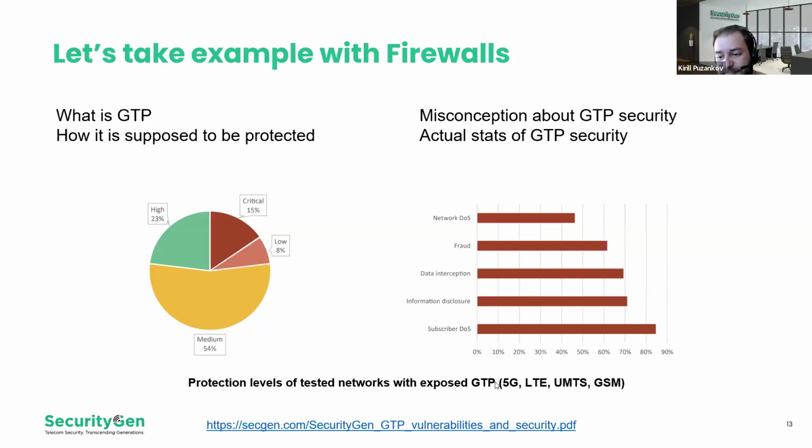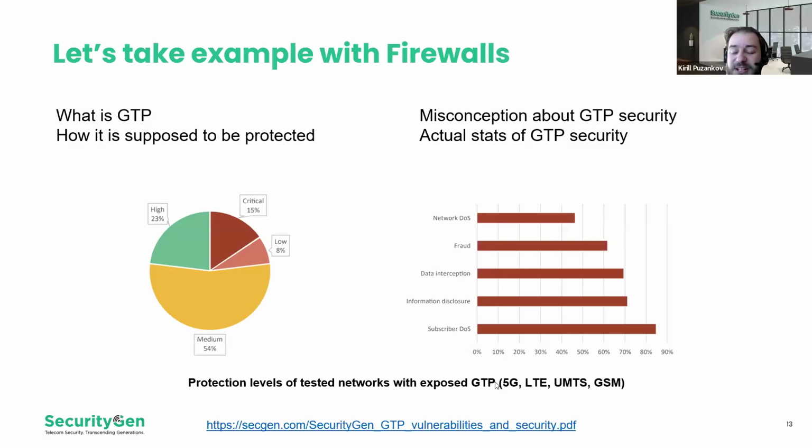And if you talk about the perception of the GTP, because it actually processes the user data, many of the operators perceive that the IP firewall that is, let's say, designed to work with the IP data traffic is actually designed to work with GTP.